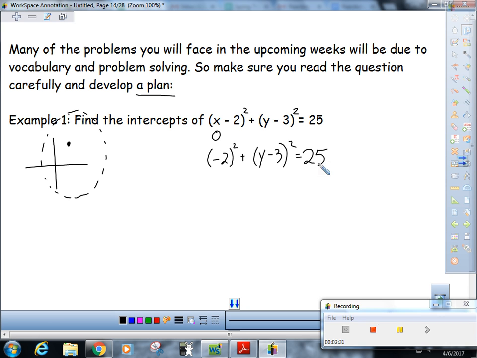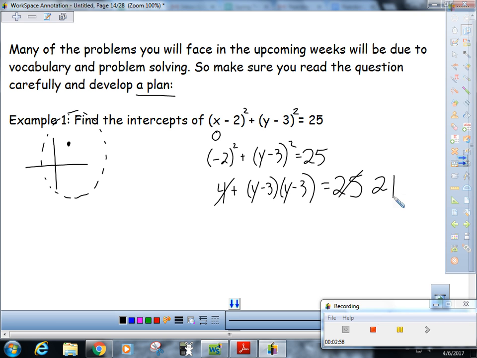So you get plus 4 plus. A lot of people would call this y squared plus 9, and they would be wrong. So I recommend that you FOIL this for a little while. Okay? So then you get, if you don't mind, I'm going to subtract 4 from both sides and call that 21.